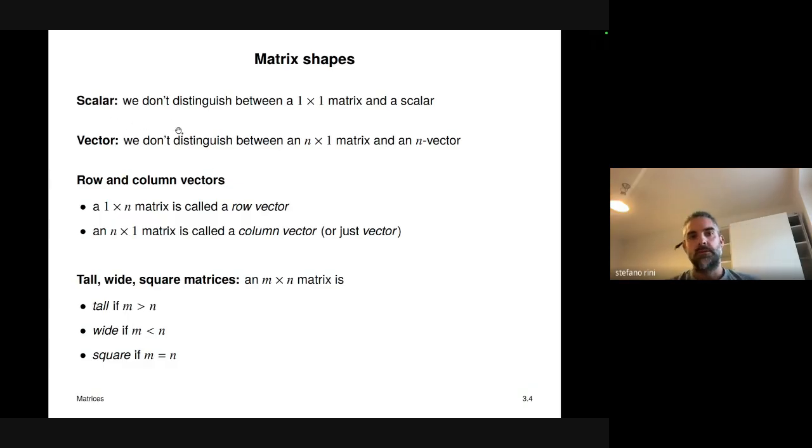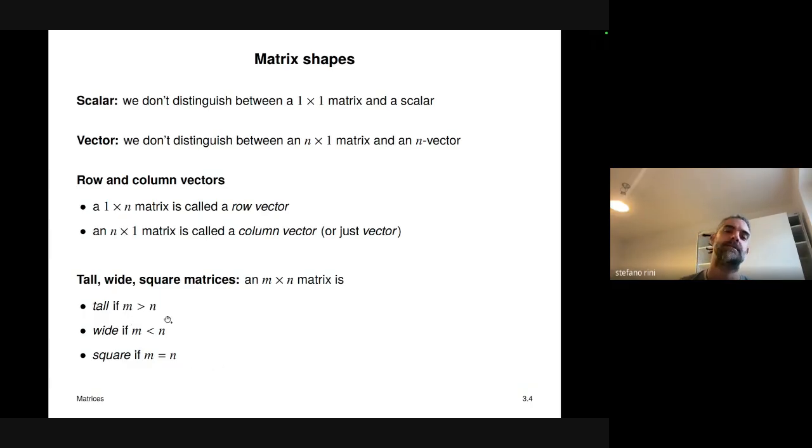So of course the scalar could be a 1 times 1 matrix. Yeah, but usually we don't distinguish this. And remember, with vectors, we have column vectors and row vectors. So in the matrix perspective, a row vector is a 1 times n vector, and a column vector is an n times 1 vector. And usually we describe matrices as we describe people, right?